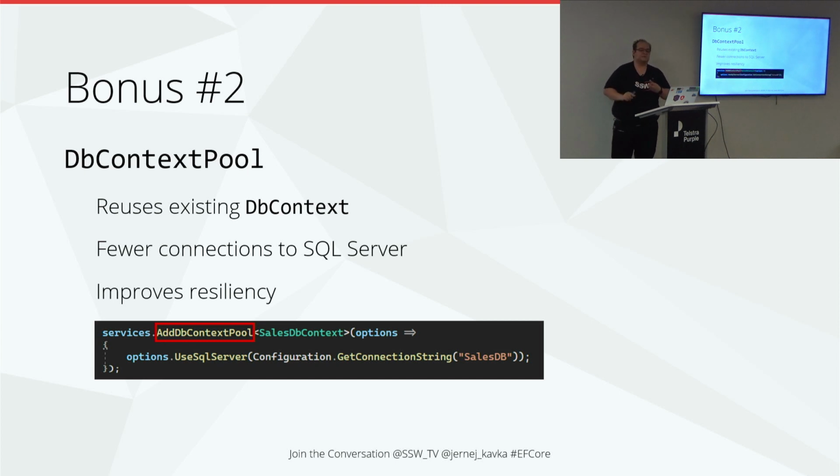You spend a little bit more on memory, but it's negligible. And most importantly, you don't waste resources on connections. If you need to do a lot of different requests toward the database in different HTTP requests, you may run out of connections, especially with HttpClient when you do things in parallel. The pools allow you to avoid that, and they also make your application more resistant against high load and denial of service attacks.